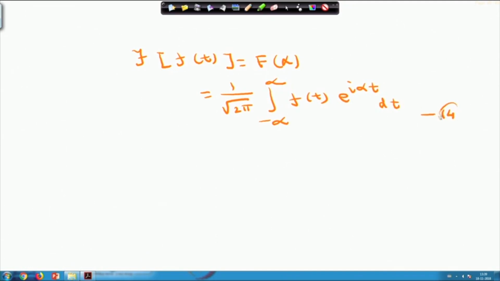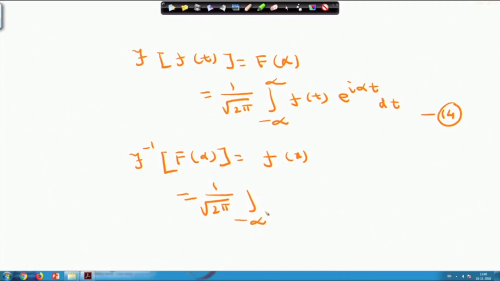This is equation 14. And if I use this, then the Fourier inverse of F(alpha) equals f(x), which I can write as 1 by root 2 pi, integral from minus infinity to infinity of F(alpha) e^(minus i alpha x) d alpha, which is equation 15.